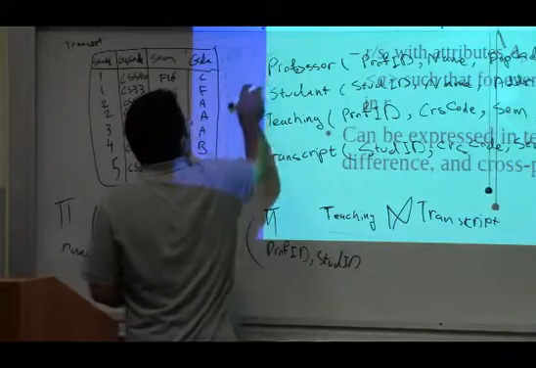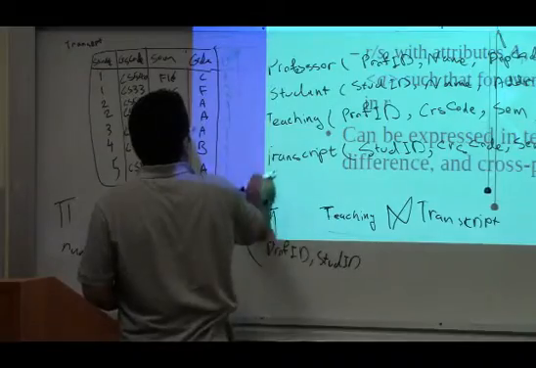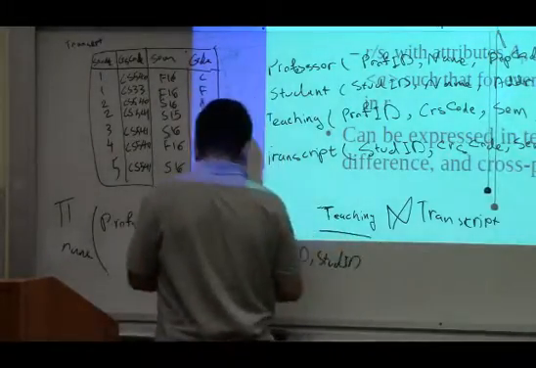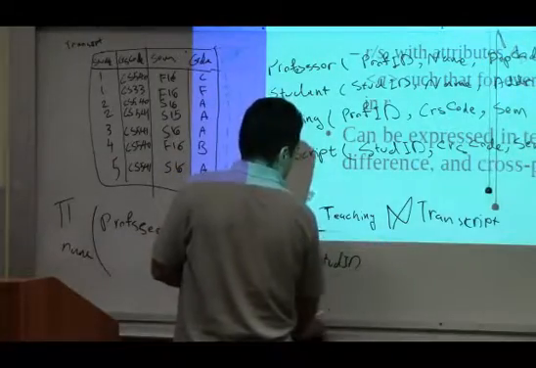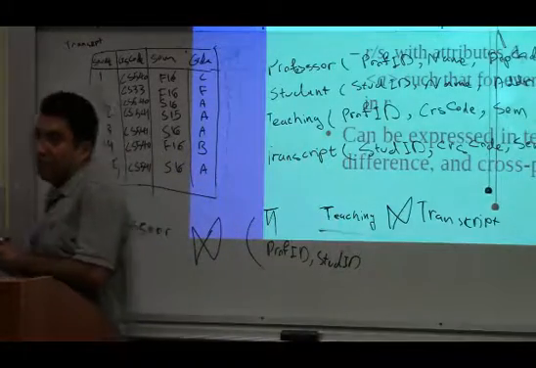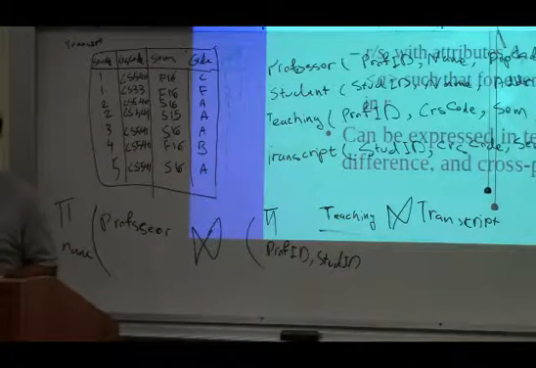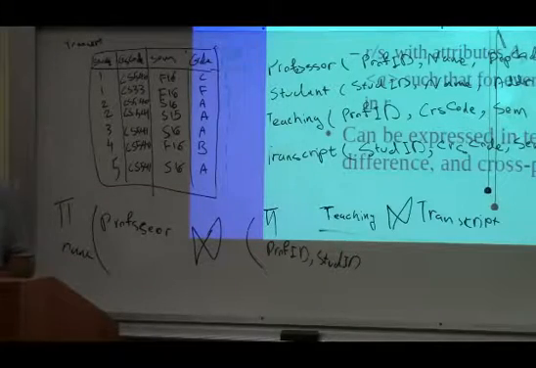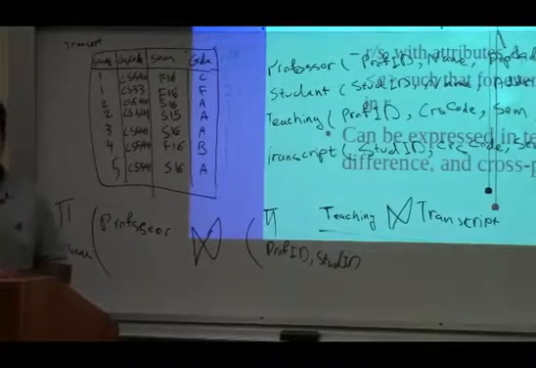The professor ID will be added to this to compute this one, and then we'll join it. You're right. That's correct. So here is an example of the relationships.